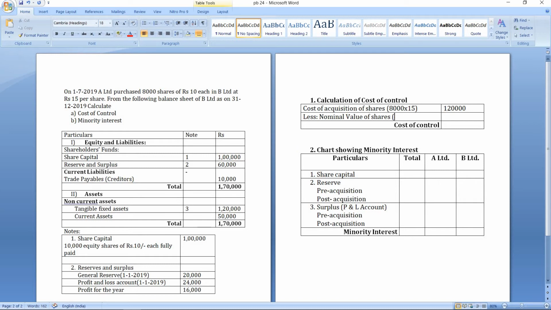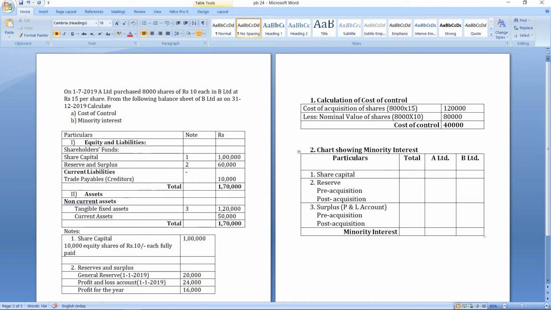The actual value of shares is 8,000 shares into 10, that is 80,000. So our cost of control is 40,000. Very simple calculation. You take cost of acquisition, from that you minus nominal value of shares, and you will get cost of control.